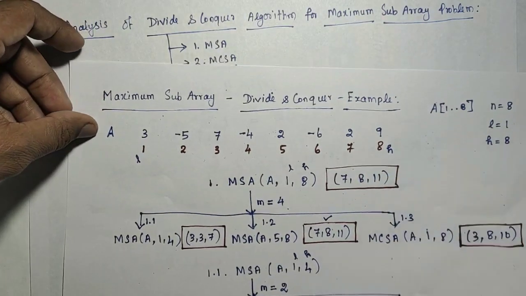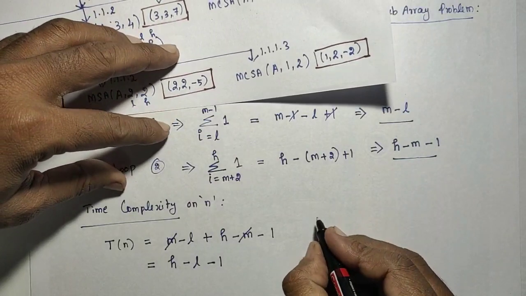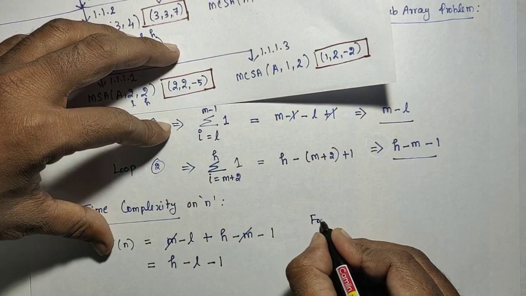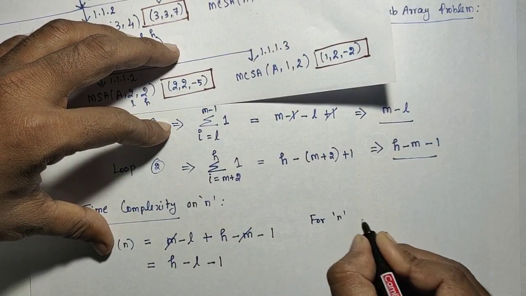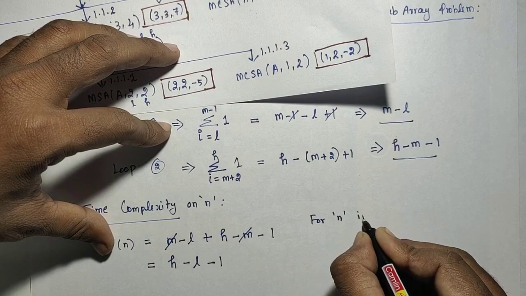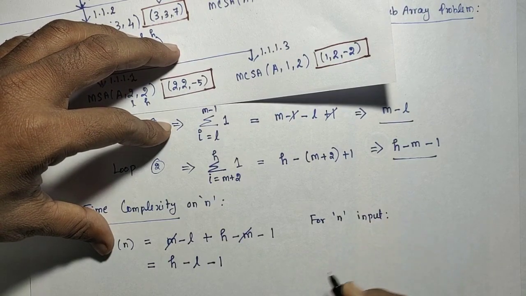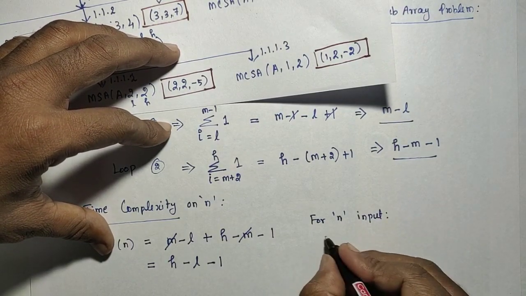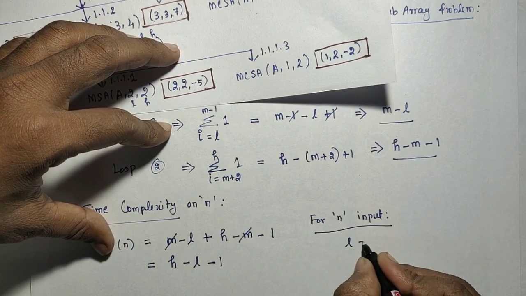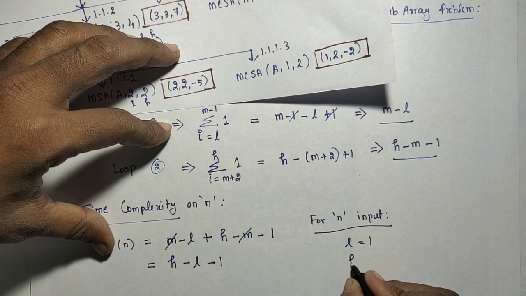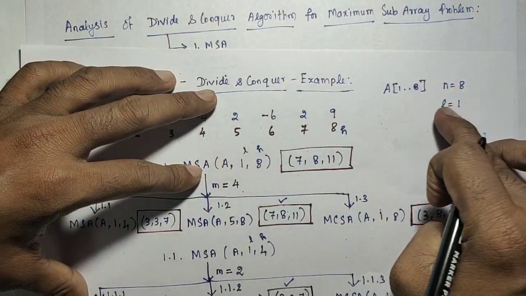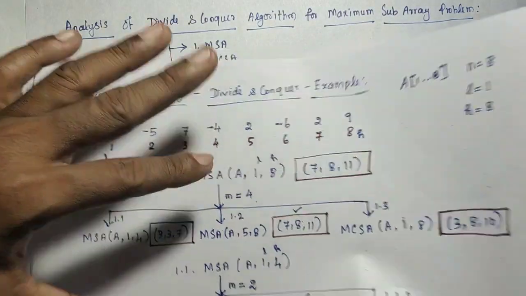So for n input, L equal to 1 and H equal to N. For n equal to 8, L equal to 1, H equal to 8.